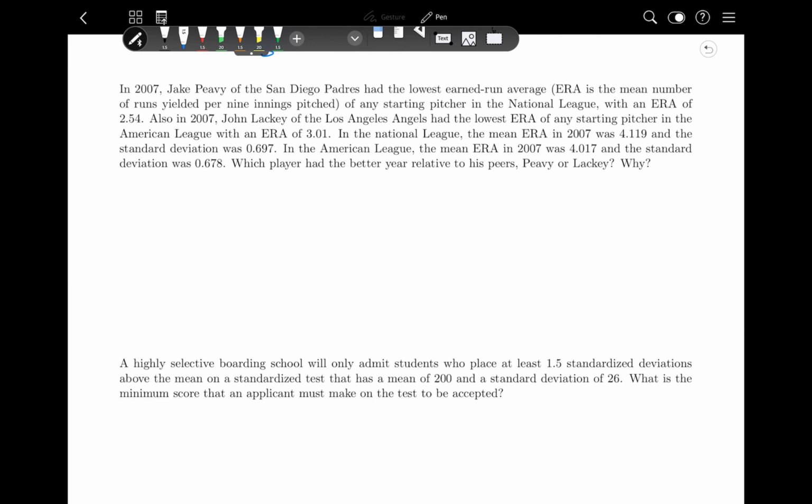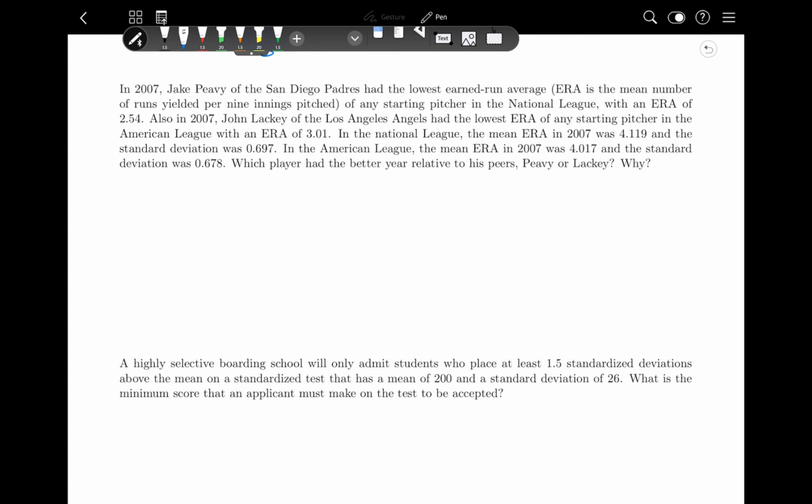In the National League, the mean ERA in 2007 was 4.119 and the standard deviation was 0.697. And in the American League, the mean ERA in 2007 was 4.017 and the standard deviation was 0.678. Which player had the better year relative to his peers, Peavy or Lackey?